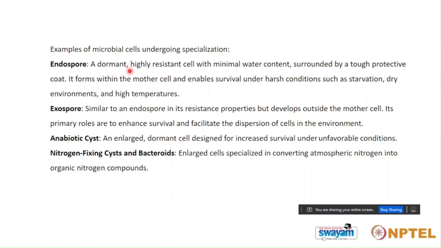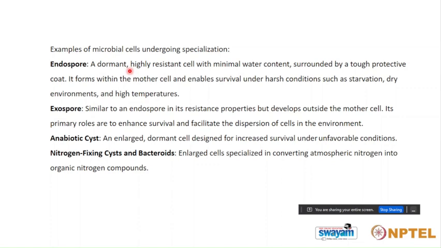And another differentiated cell is the anabiotic cyst, which is nothing but an enlarged dormant cell, which is also designed for surviving under unfavorable conditions. And another class includes nitrogen fixing cysts and bacterioids.